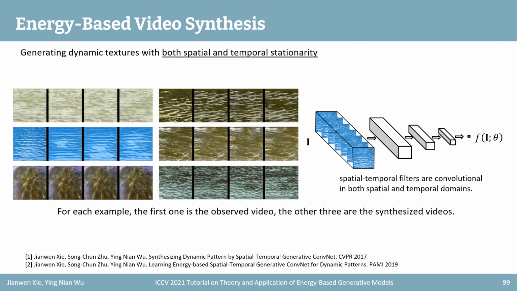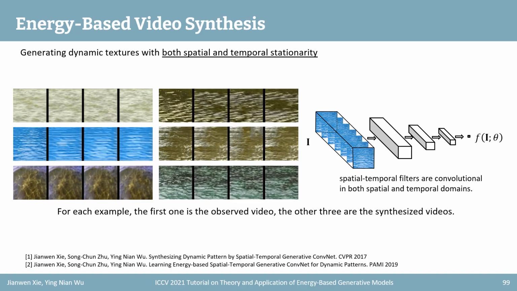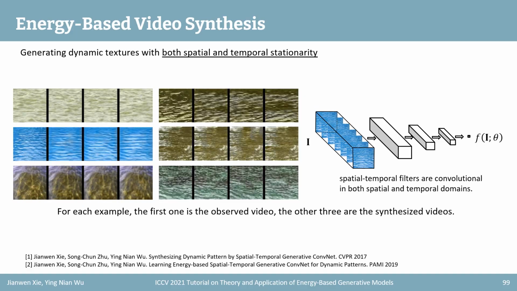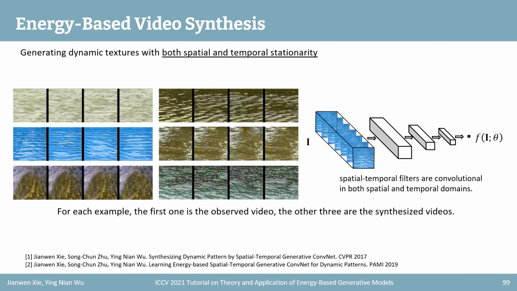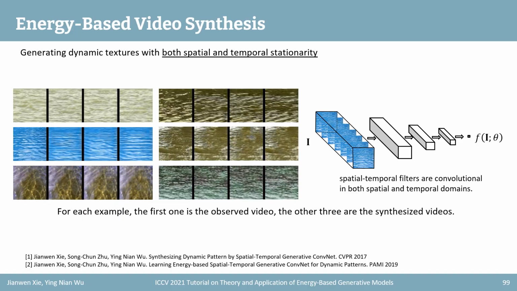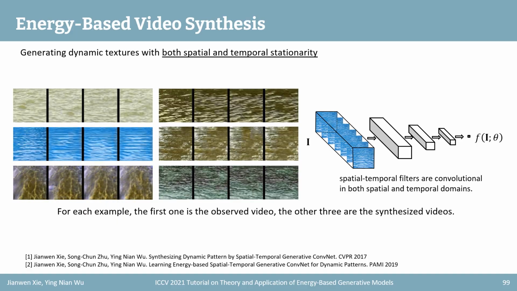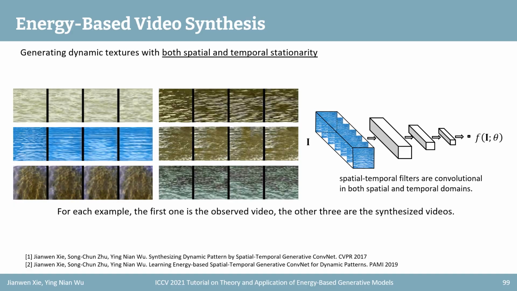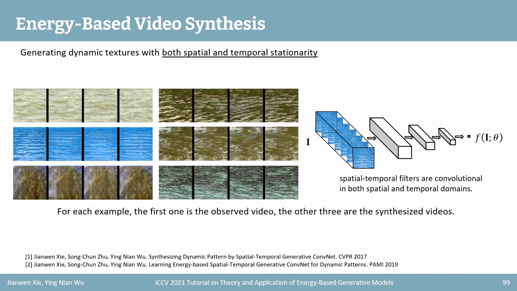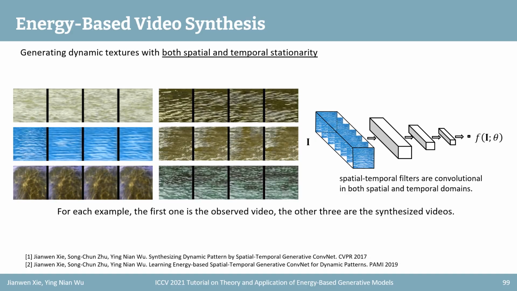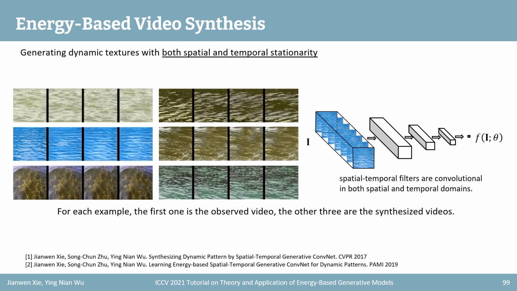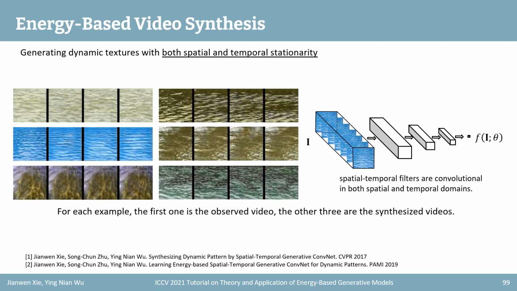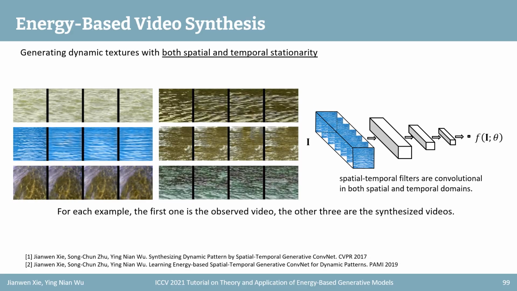Spatial-temporal filters that are convolutional in both spatial and temporal domains can be used to design the energy network F. Here, we have some synthesis examples generated by the energy-based model that uses 3 layers of spatial-temporal convolutions with ReLU nonlinearity and subsampling operations. For each example, the first one shows the observed video, and the other two are generated by Langevin sampling from the model.